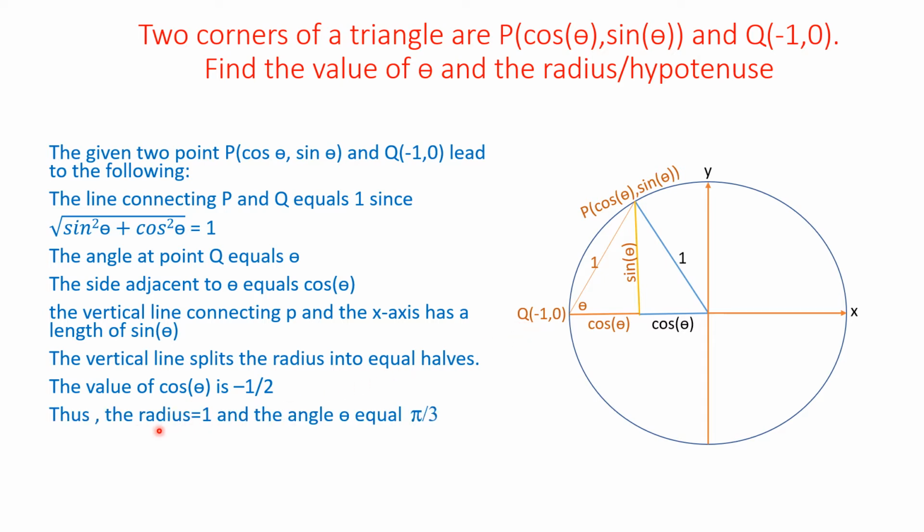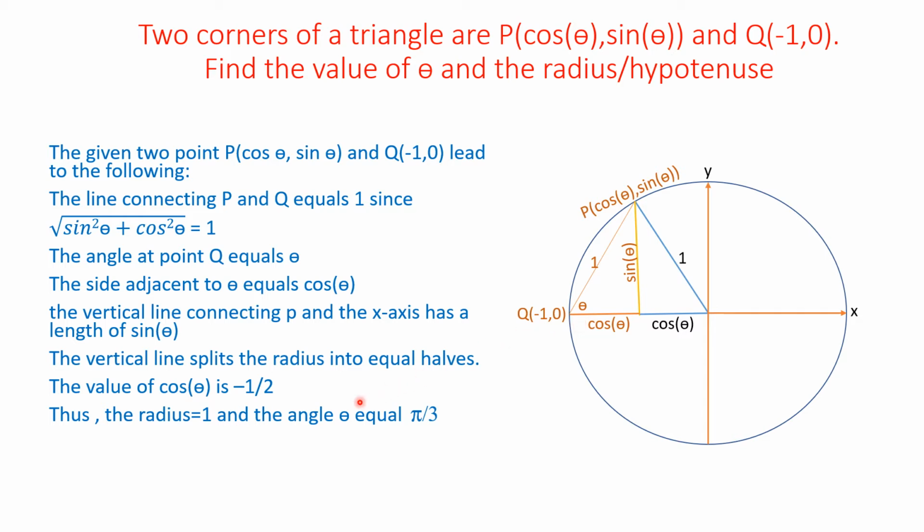Thus, the radius is equal to 1 because we just justified that since cosine theta is equal to half, then this is 2 cosine theta, and that's equal to 1. But actually the value on the x-axis will be -1 because we're moving to the left of the origin.